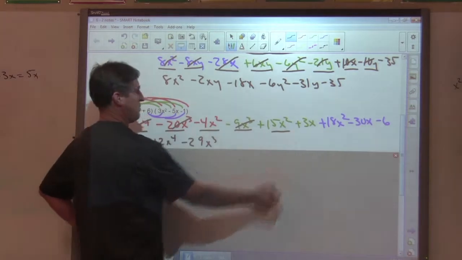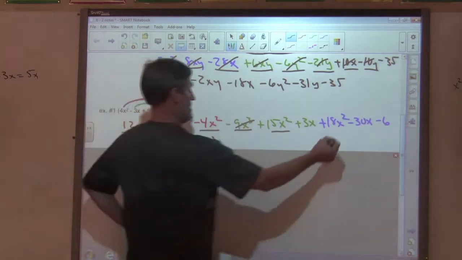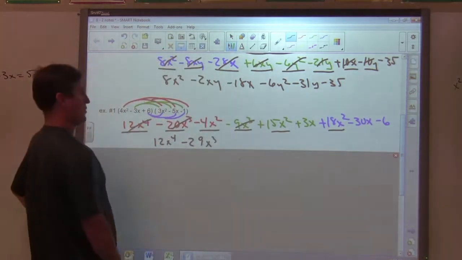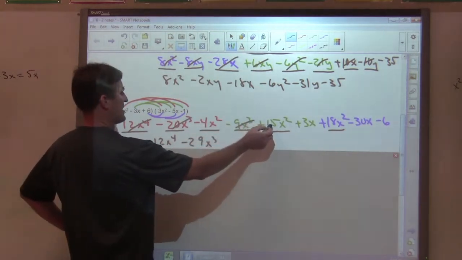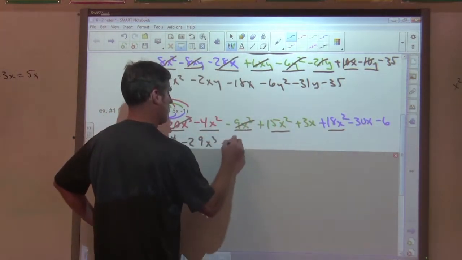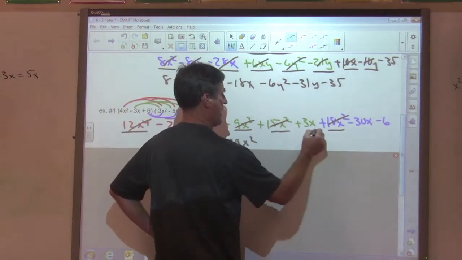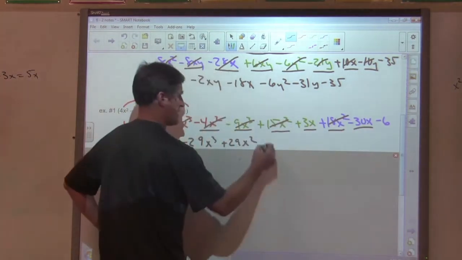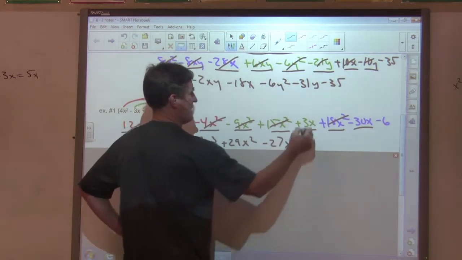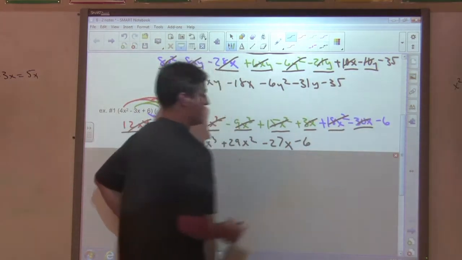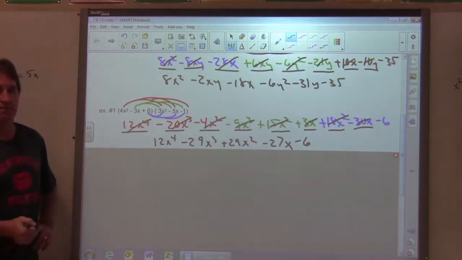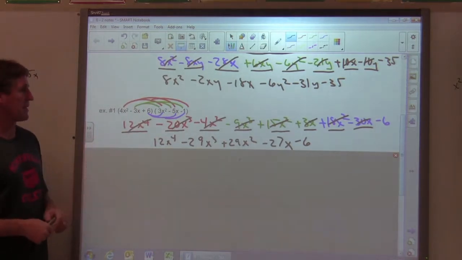Minus 4x squared plus 15x squared plus 18x squared. So negative 4 plus 15 is 11 plus 18 is 29x squared. And then we have 3x minus 30x is a minus 27x. Minus 6, and hopefully that's what you got. So that's a part of the assignment.